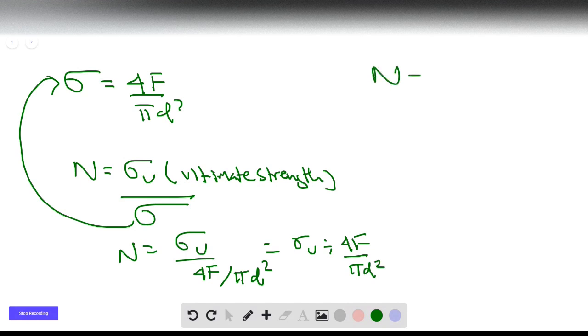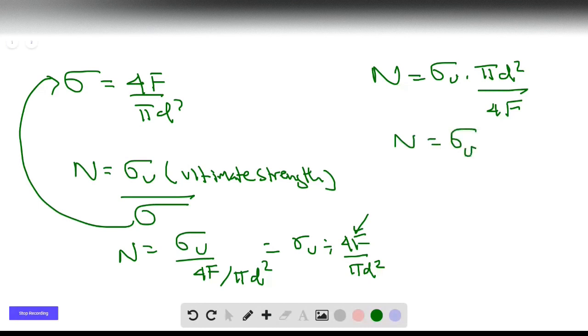That makes us simplify our safety factor by flipping the stress fraction. So this fraction was flipped, and we have a new definition of safety factor: ultimate strength times pi d squared all over 4F.